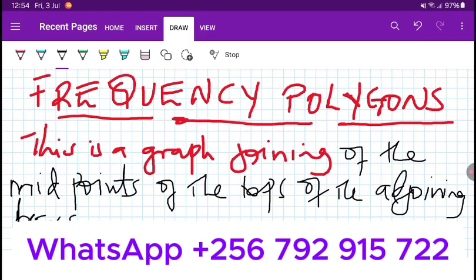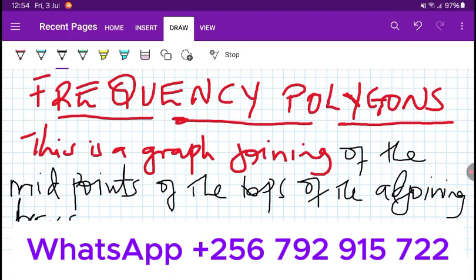So the frequency polygon, of course, is just a graph that displays the data by using what we call lines that connect points plotted for the different frequencies at the midpoints of each of the classes.